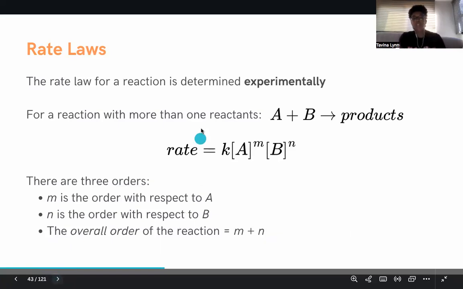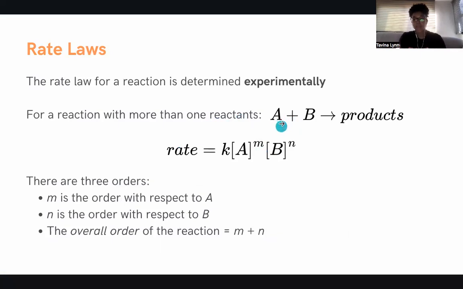So for a reaction that has more than one reactant, in this example, A plus B are reactants that form some products. Our rate law is written as rate equals K times the concentration of A written to the m power times the concentration of B written to the nth power.